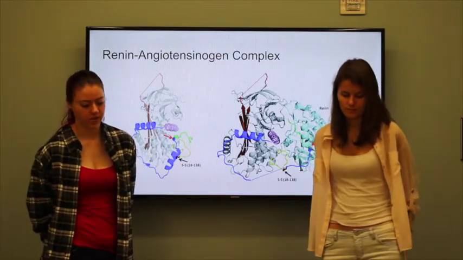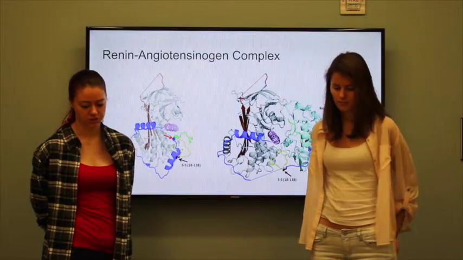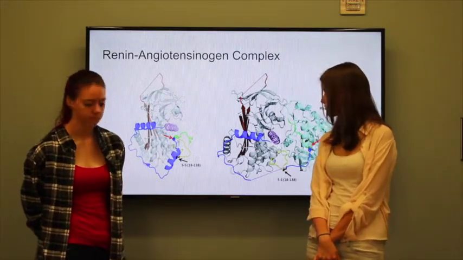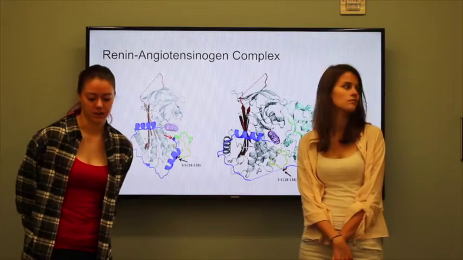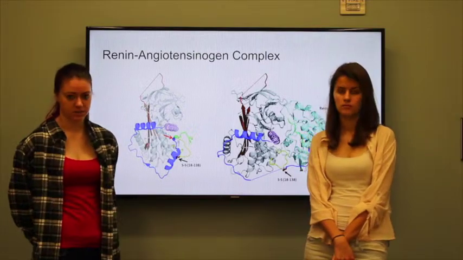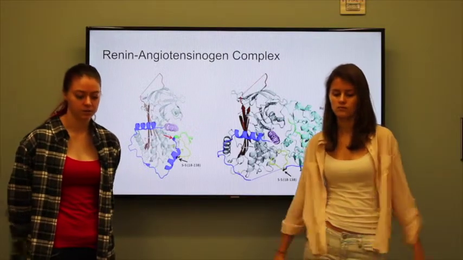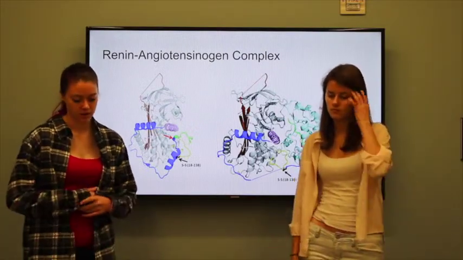Angiotensinogen is a globular glycoprotein, which is the major substrate for renin and the precursor of angiotensin 2. It shares homology with alpha-1 antitrypsin and belongs to the superfamily of serine protease inhibitors, or SERPINs.